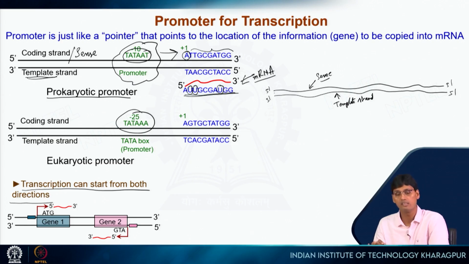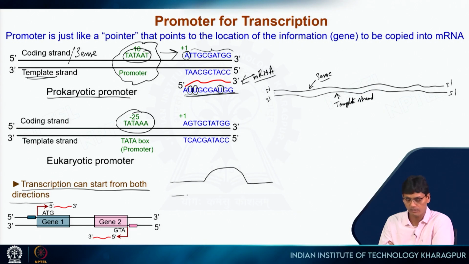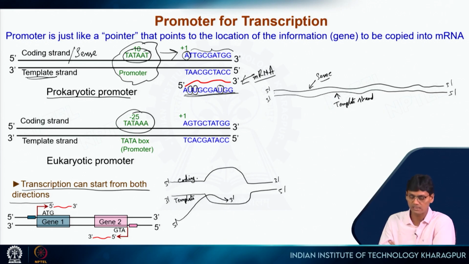No, not like that. Generally, what we see in textbooks is always this kind of figure. You will see 5 prime, 3 prime, 3 prime, 5 prime, and the RNA is being synthesized in this direction, so 5 prime to 3 prime synthesis of RNA. If this is the case, then this is the template strand and this is the coding strand.